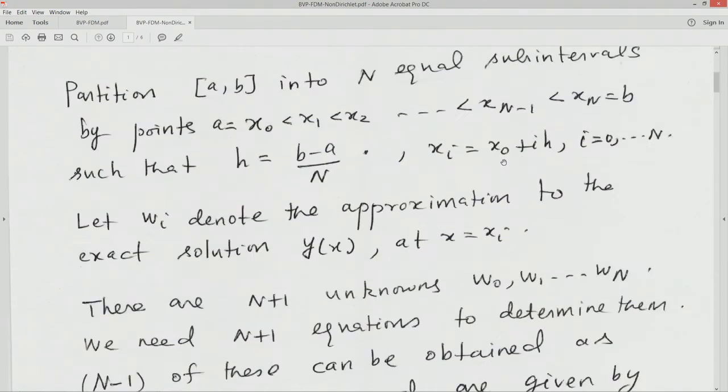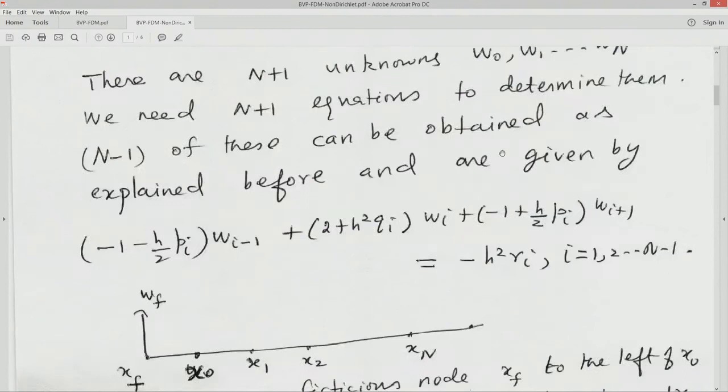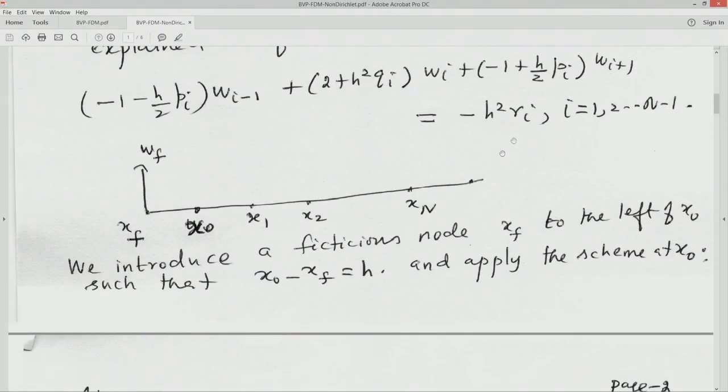So, we deal with the boundary conditions as follows. Namely, when we are given the boundary condition at the left end point, namely x 0, which is a, we introduce a fictitious node x f to the left of x 0 such that x 0 minus x f is h, the step size that we have already taken.